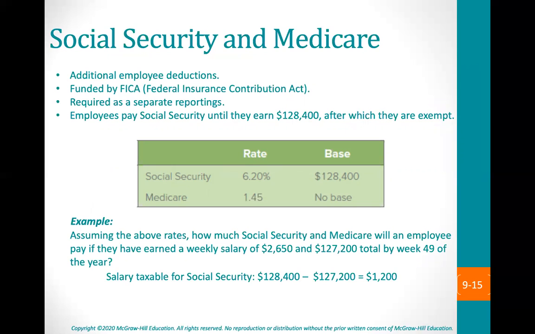Her previous earnings were $127,200 and the base is $128,400, so she only has to pay Social Security on $1,200. Social Security tax on $1,200, $1,200 times 0.062, she pays $74.40 in Social Security tax.